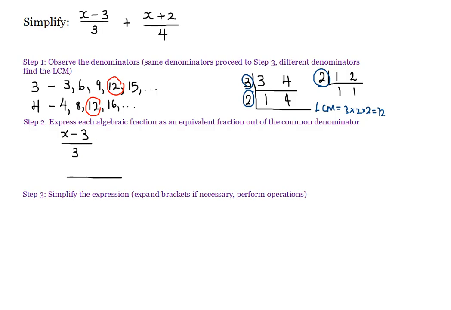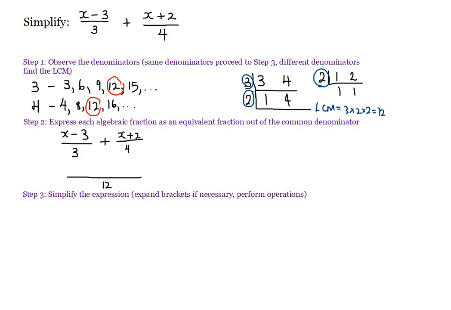And what that could look like is something like this. Now, with fractions, right, we're only dealing with numerical statements. So now with the algebraic ones, I want you to pay attention to what happens when we do this portion of expressing our algebraic fractions as equivalent fractions using our common denominator.